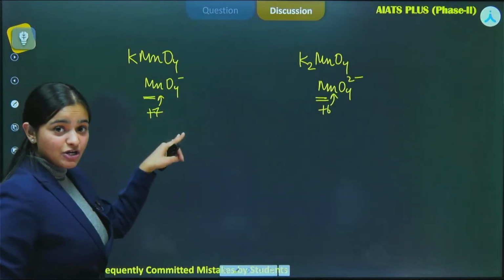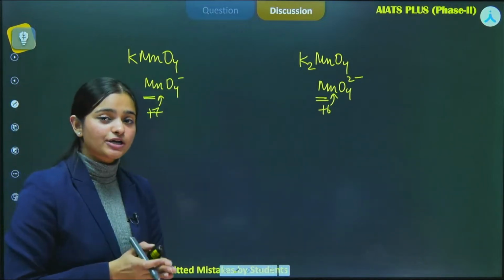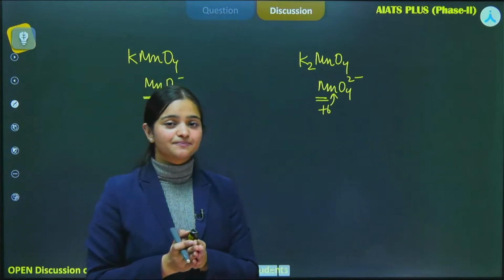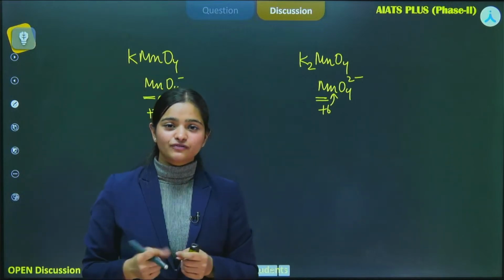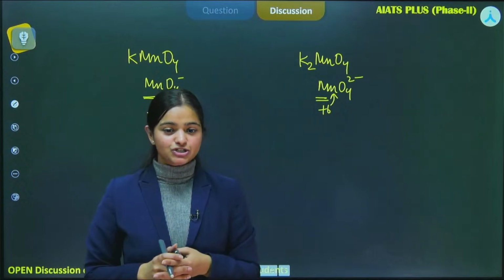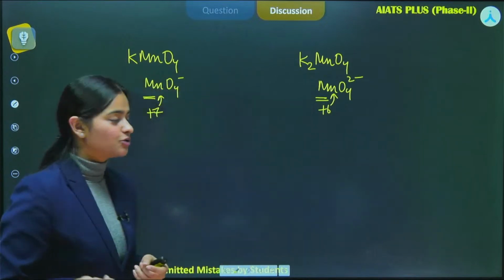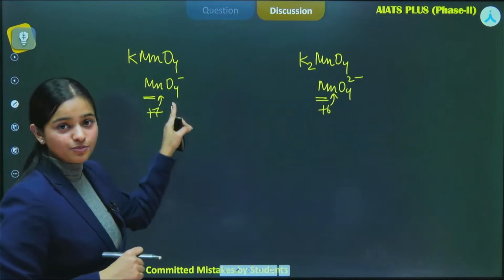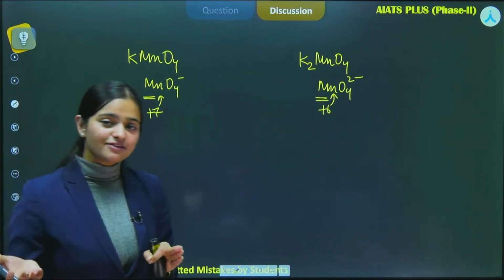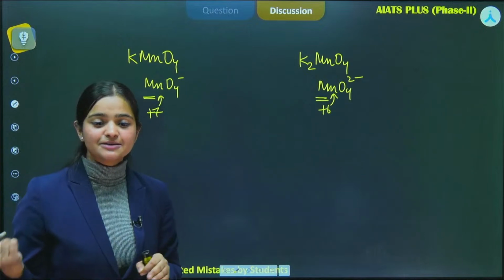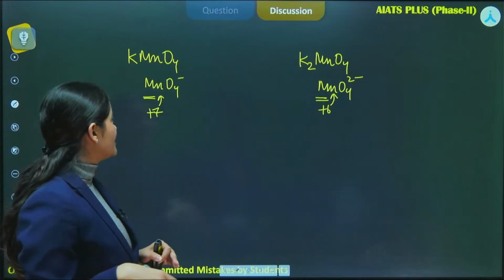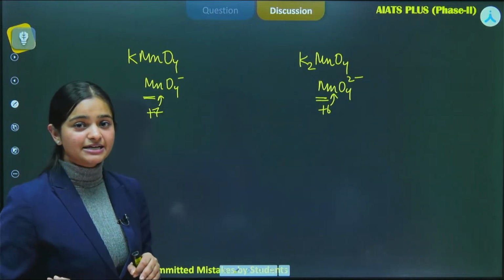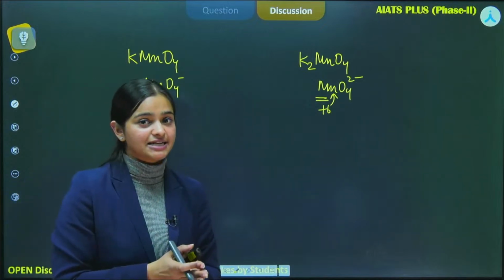Now, the valence electronic configuration of manganese is 3d5 4s2. Exactly, Rahul Kumar, it is +7 and +6, very nice. So manganese has 7 valence electrons.